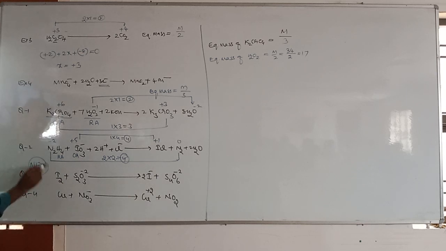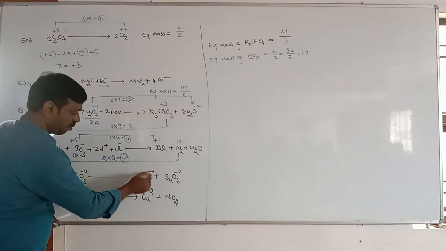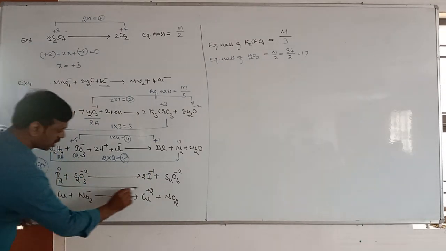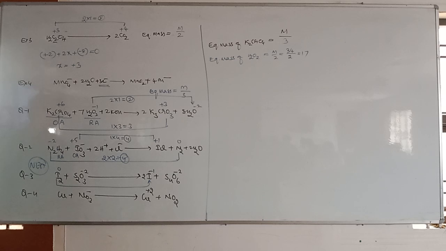Iodine plus hypo, S2O3 2-, is nothing but thiosulfate. Thiosulfate is called hypo. Iodine goes from 0 to -1, already given. What is the change in oxidation state?